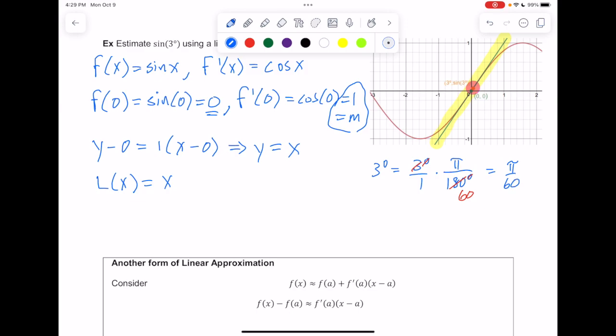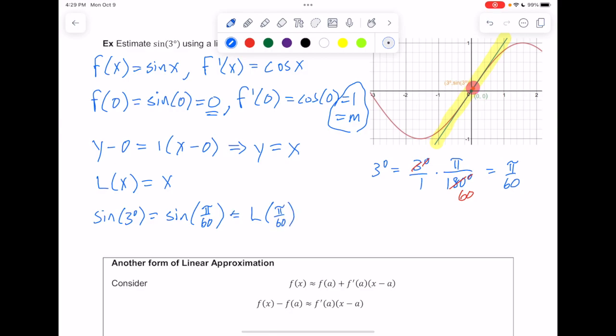So what is the linear, let me back up here a little bit. What is the sine of 3 degrees? Well, first of all, that's the same thing as asking for the sine of pi over 60. But we need to do it in radian measures, so we'll use that pi over 60 to plug into our linear approximation function. So that's going to be L of pi over 60.